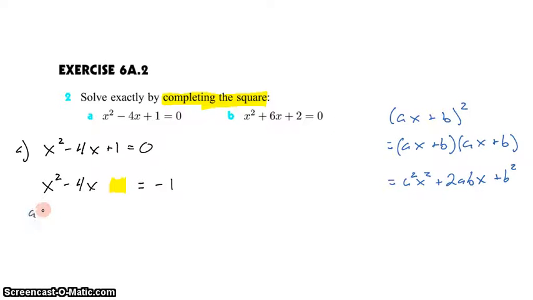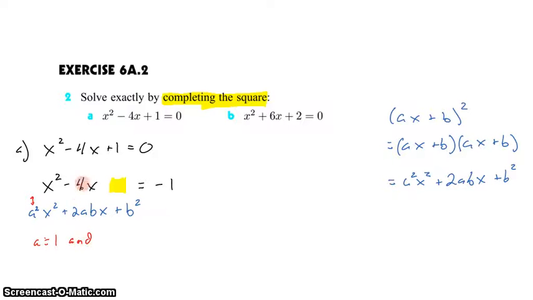So we'll take our form, a squared x squared plus 2abx plus b squared, and we'll try and fit things into this form. First off, we see that if we're in this form, then a is equal to 1. There's an invisible 1 here, an implied 1 in front of the x squared. So a is equal to 1.